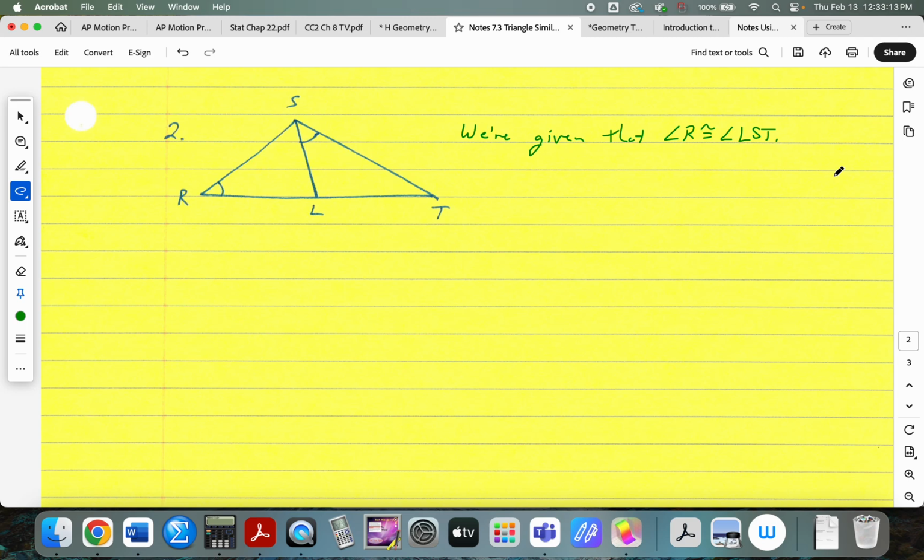Shall I give you a hint? We're not going to prove the two little triangles similar to each other. The two little triangles actually aren't similar to one another. We're going to prove one of the little triangles similar to the whole big triangle.